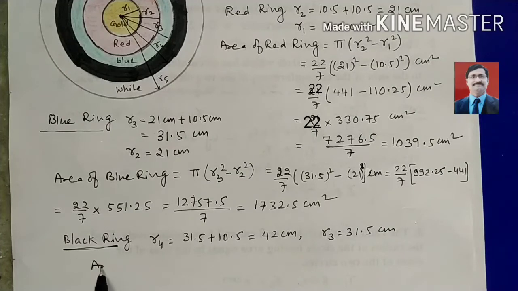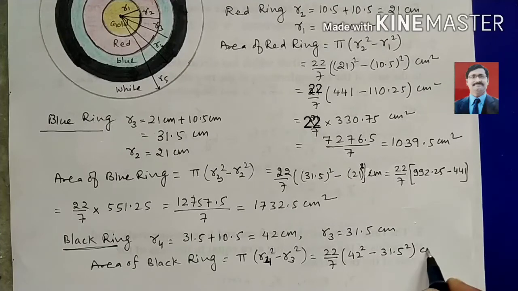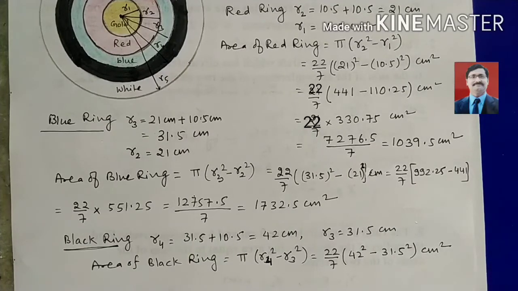Now the area of the black ring is equal to pi times R4 square minus R3 square. Pi is 22 by 7, R4 is 42, so 42 square minus 31.5 square, in centimeter square.